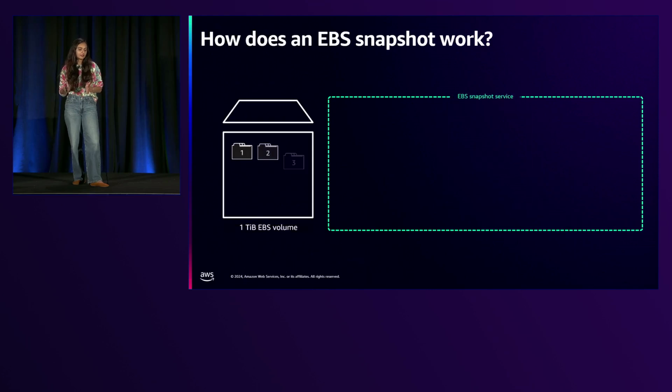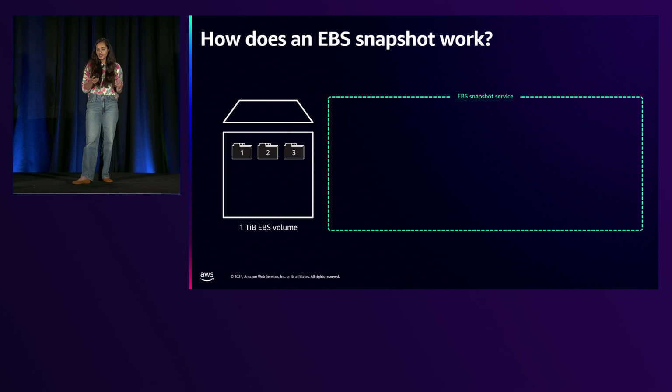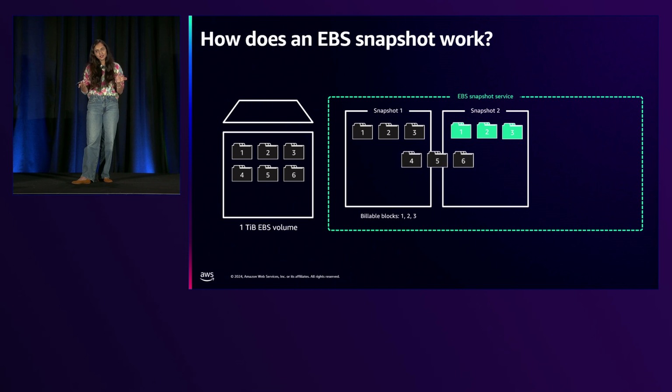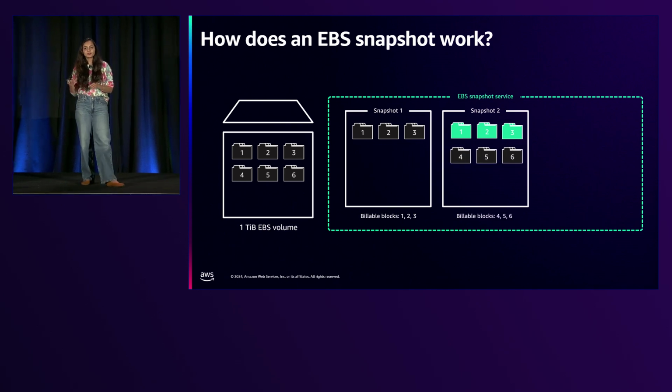But let's say in another example, I write 3 blocks or 3 files of data to my volume and then take a snapshot. In this case, snapshot 1 will contain 3 billable blocks, or 3 files, that I wrote to the volume when the snapshot was taken. Let's say I write 3 more files and take another snapshot. In this case, blocks 4, 5, 6 are the incremental ones.